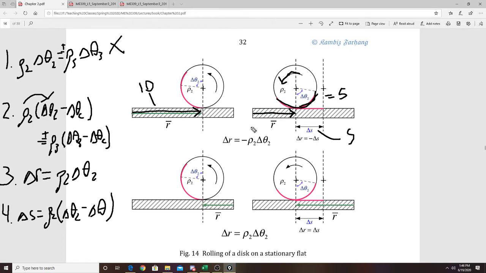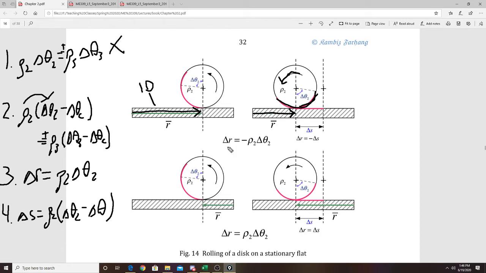That means that our R is now 5 because we did 10 minus 5, we got 5, right? Essentially, the direction of the rotation got our vector to be smaller. Therefore, we have a negative number right here, a -1 attached to rho 2 delta theta 2.